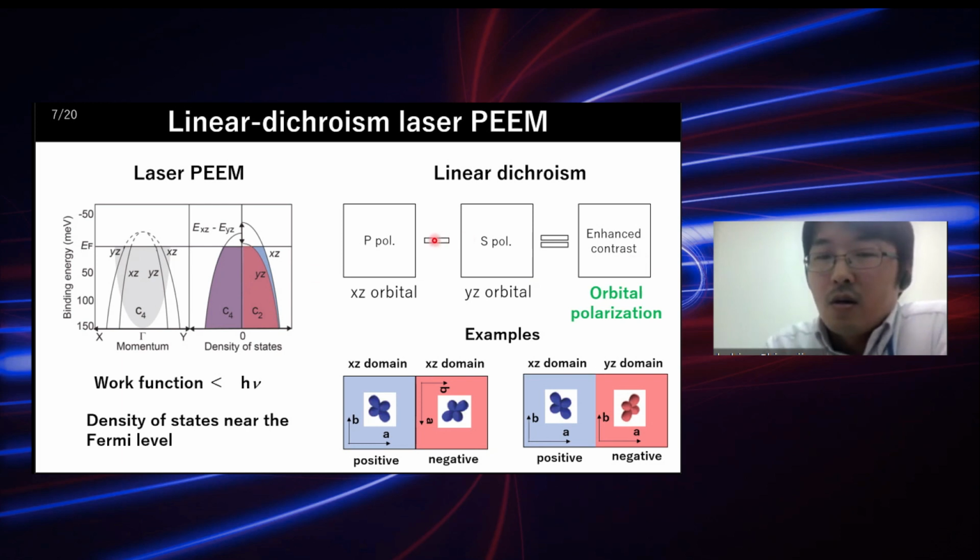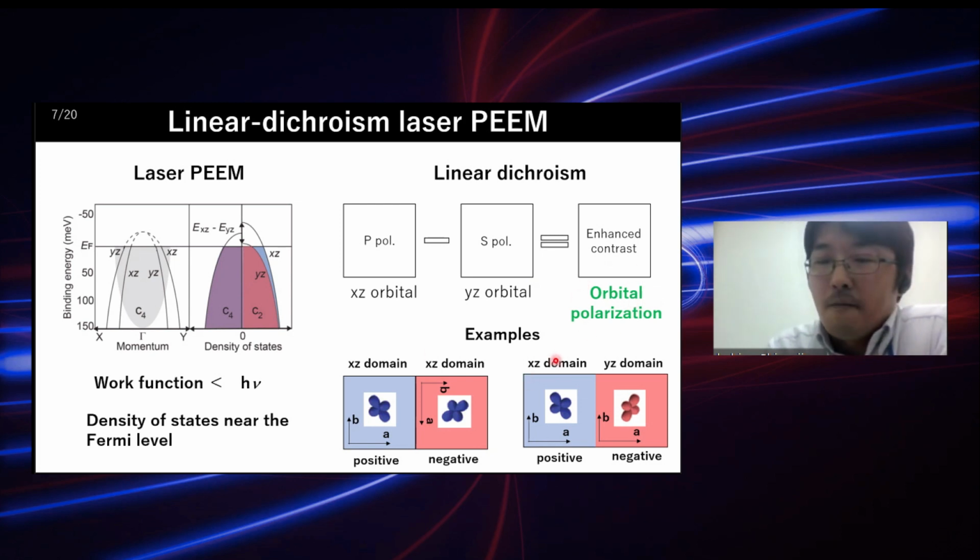In the case of the nematic state, we can separately detect the XZ orbitals by P-polarized laser due to the selection rule of orbitals, and also detect the YZ density of states by using S-polarized laser. This difference between XZ and YZ corresponds to the order parameter of the nematic order. So we can map out the orbital polarization in real space.